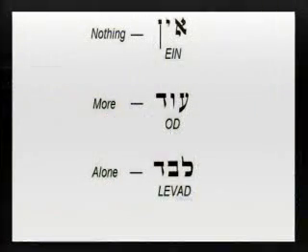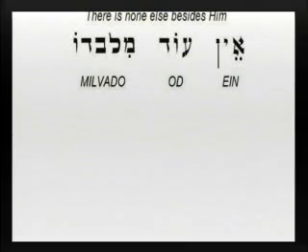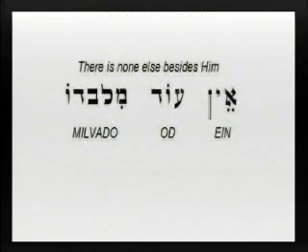Now let's move to the next sentence, which probably most of you already know. That's the first sentence of the book, a very well-known book. The book is Shamati. Let's read it together. Ein od milvado.